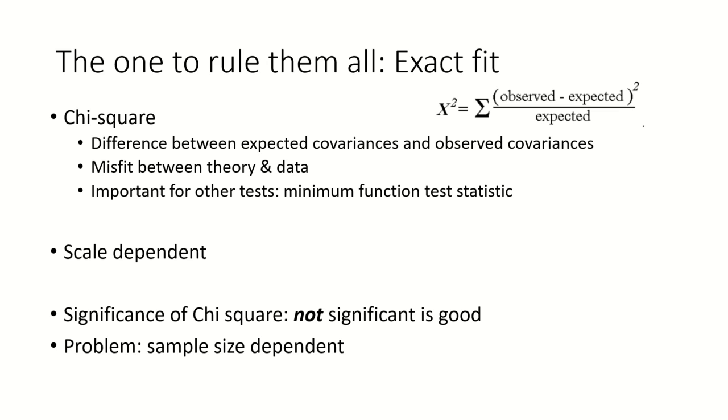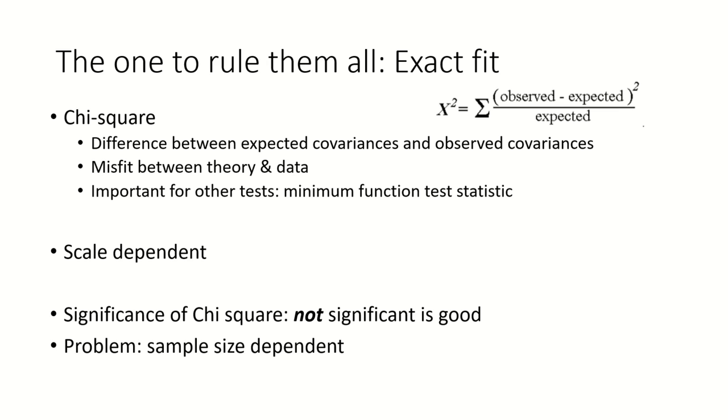And we also have our model, and based on our model we would expect a certain pattern of covariances, right? So if our model was true, what would the covariances be in an ideal world data set? These are the expected covariances, and now we compare them with what our data is actually like.